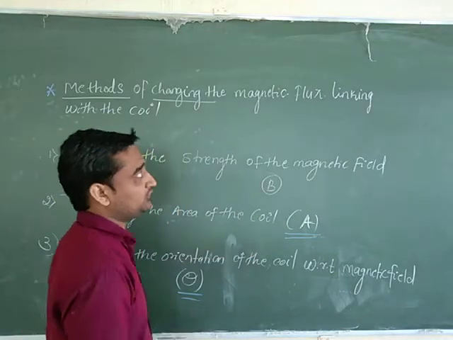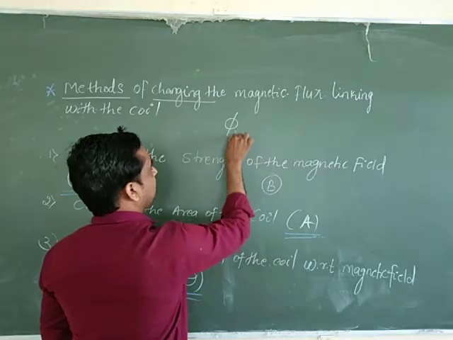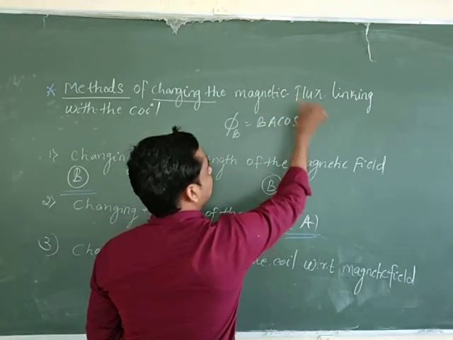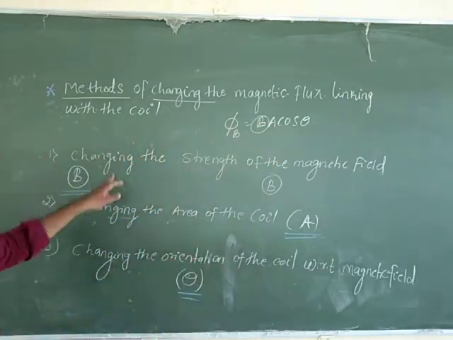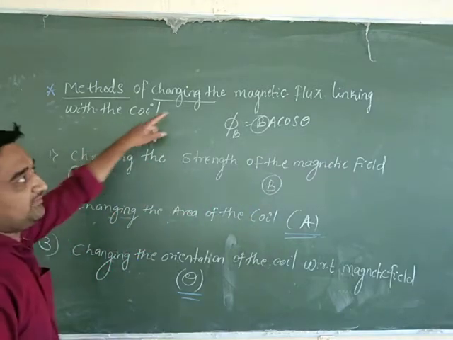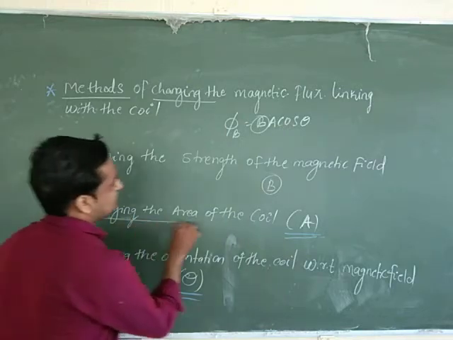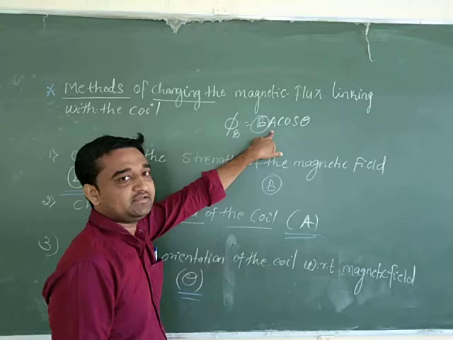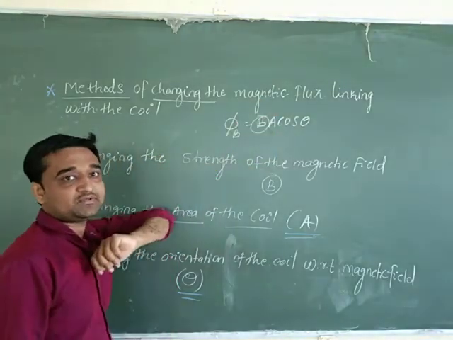You know that the magnetic flux is given by the formula phi B is equal to BA cos theta. So the first one is B. By changing the strength of the magnetic field B, we can change the magnetic flux linked with the coil. And second one, by changing the area of the coil, the A value, the magnetic flux linked with the coil can also be changed.